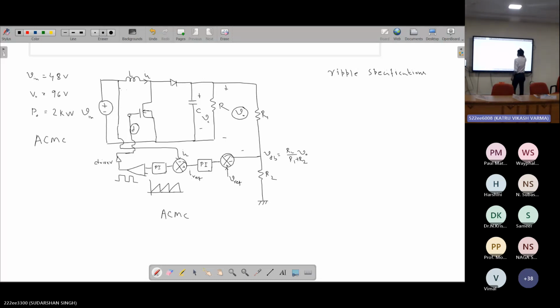The ripple specification we have chosen: delta IL as 20% of the output current, and the ripple specification for the capacitor as 2% of V0.